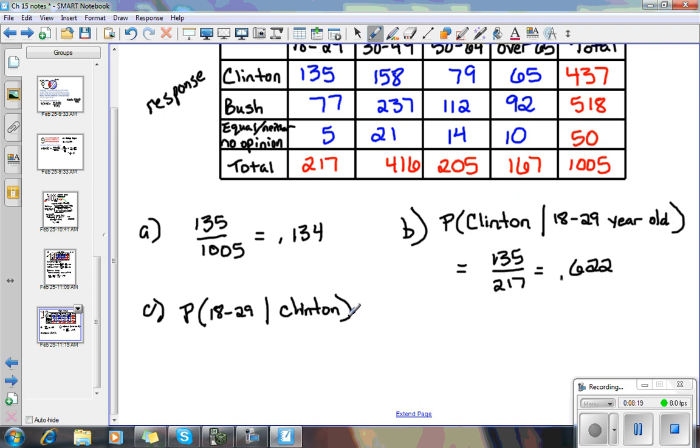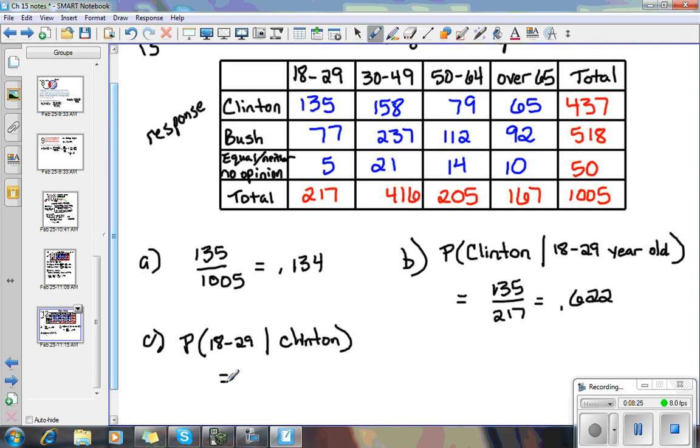So given that they chose Clinton, out of the 437, what's the probability they were between age 18 to 29? So we have 135 out of 437.